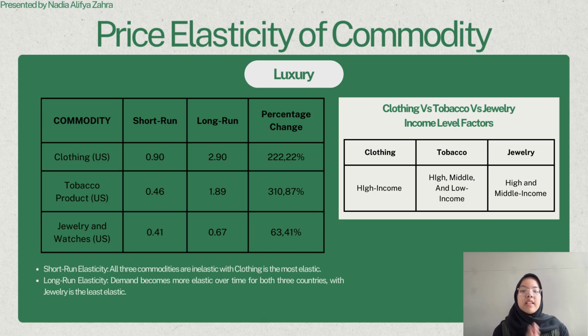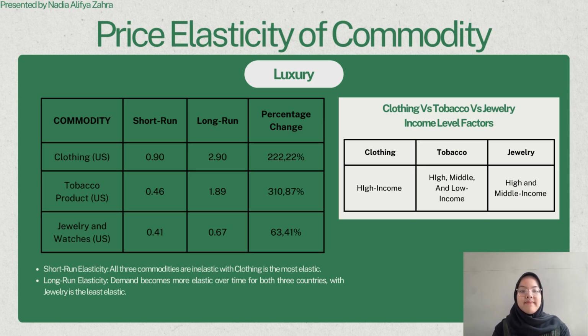For tobacco products, use in the US is more prevalent among lower income individuals, but the middle income groups also exhibit significant tobacco consumption, while high income individuals are less likely to use tobacco products. And for jewelry and watches, high income individuals are the primary consumers. Middle income consumers also contribute to the market, although their purchases may be more occasional or focused on mid-range products.